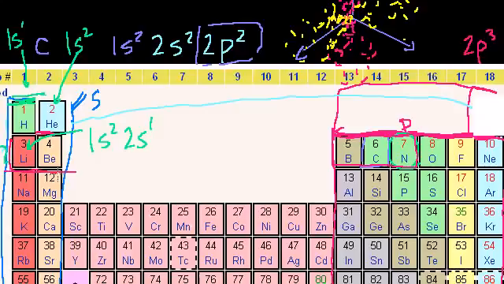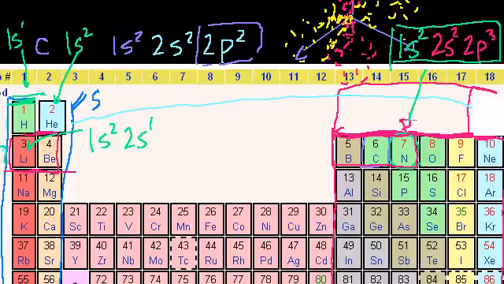Then it'll have these 2 that go into the 2s2 orbital. And then the first 2, the electrons in the lowest energy state, are 1s2. So this is the electron configuration of nitrogen.